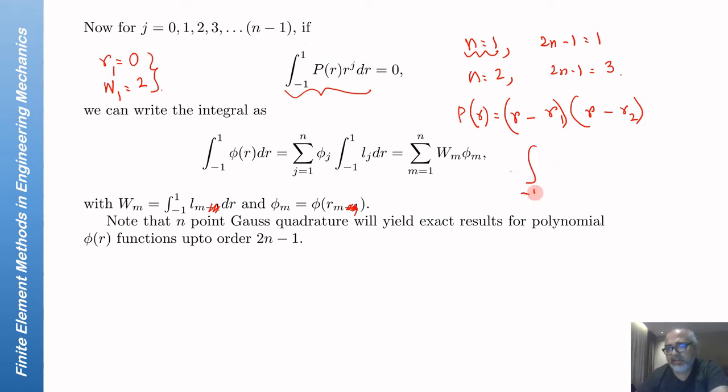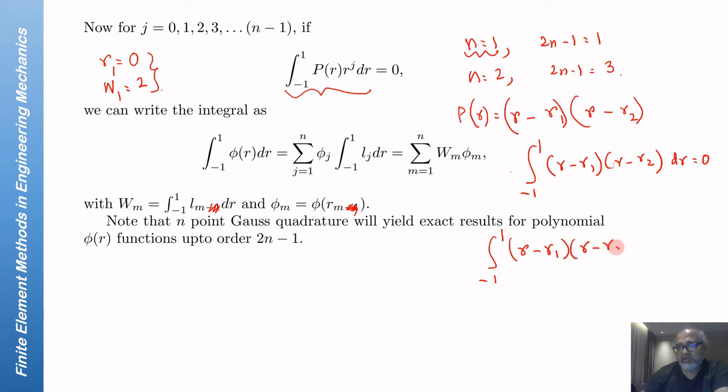One would be the integral from minus 1 to 1 of r minus r1 into r minus r2 times r to the power 0, that's 1, dr equal to 0. This will be your first equation, and this is for j equal to 0. For j equal to 1, you will have the same function multiplied by r to the power 1, that is r dr equal to 0.